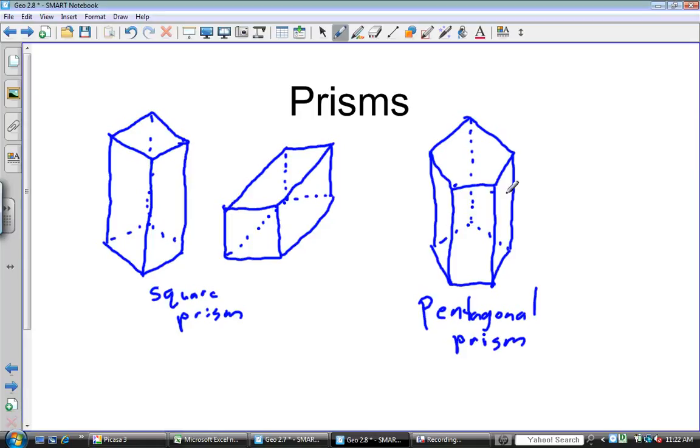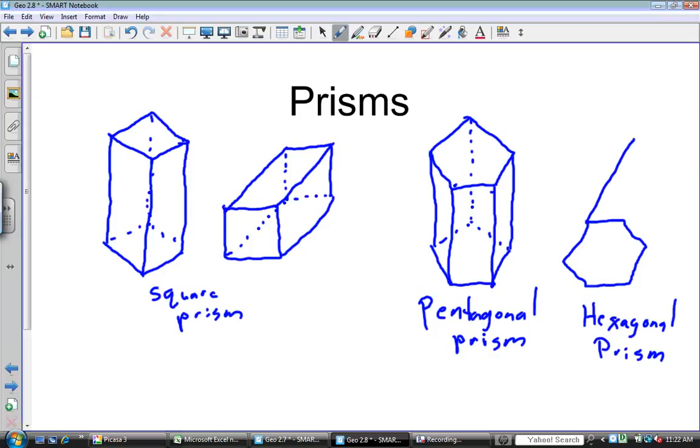We could do the same with a hexagonal prism. Now maybe I'll make a hexagonal one laying on not its base. So this has a base of a hexagon. So this would be a hexagonal prism. Now we're going to make these go back.